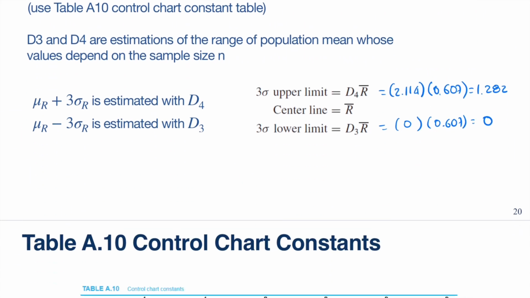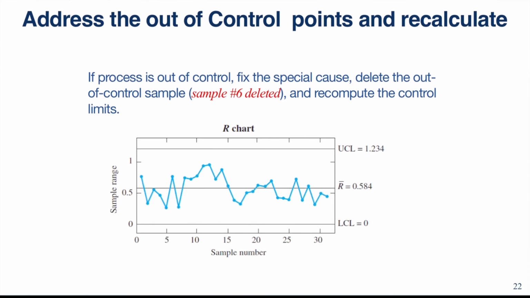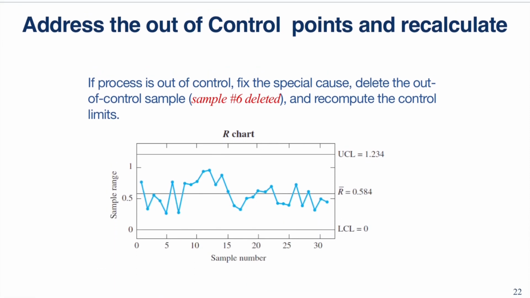Then you remove it from the list and recompute your table without this sample, addressing what you had to address. You have to recompute everything for your new R chart, and in this case we can see that all the points are in control, and then we can proceed to analyze the mean, and we will address that in the next video.